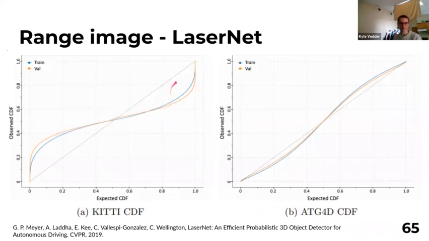That's essentially what these curves mean here, because it's all trending towards the mean, which is like, if you have an uninformed prior, you just guess 0.5 all the time, and that's probably going to be acceptable. Whereas they say on the ATG4D data set, they're much better calibrated. They have a much better sense of predicting these bounding boxes because their network has been appropriately trained.